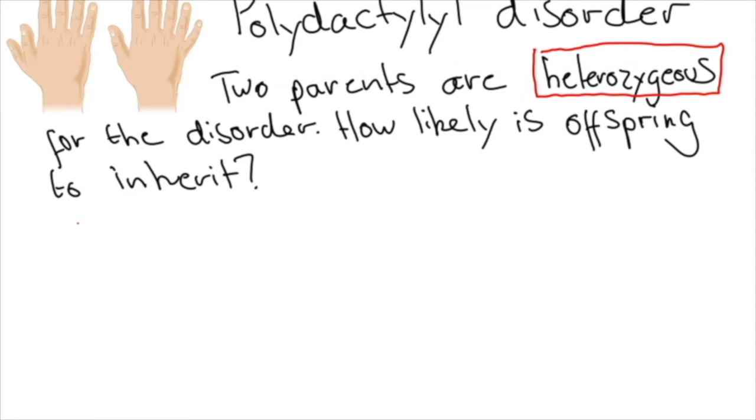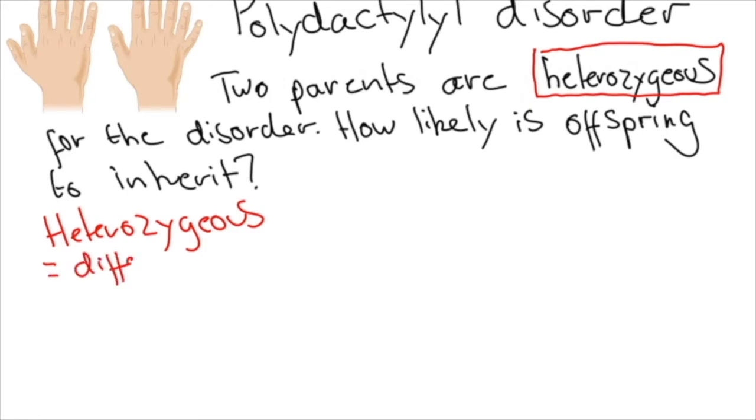That's your key word. So you need to be saying or remembering that heterozygous tells us that the two genes, the two alleles, are different, that you'll have one for the disorder and one regular gene not for it. And remember, we show these two genes by different letters, and the capital letter is the dominant one.